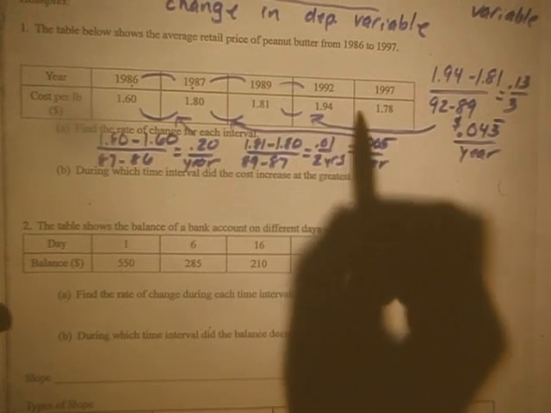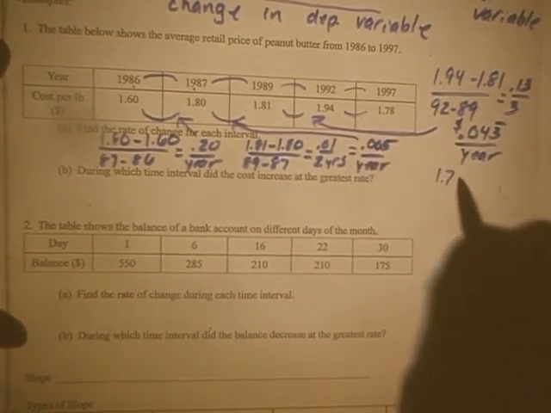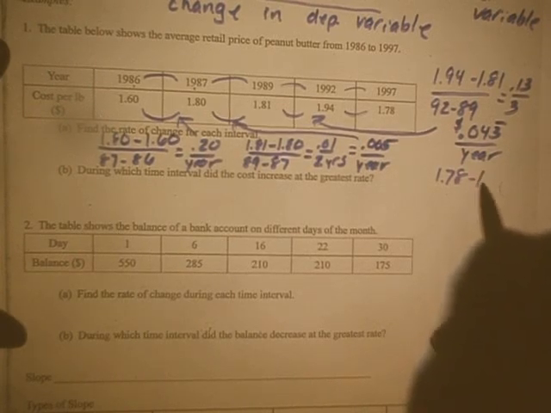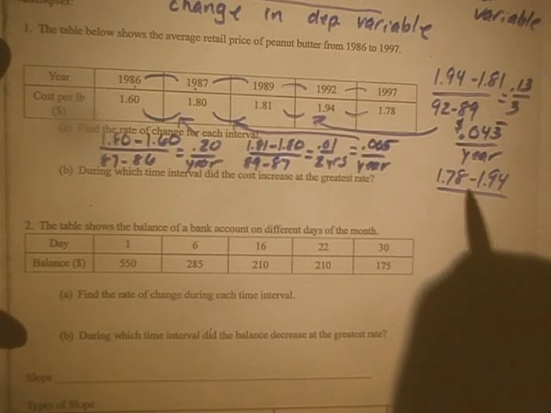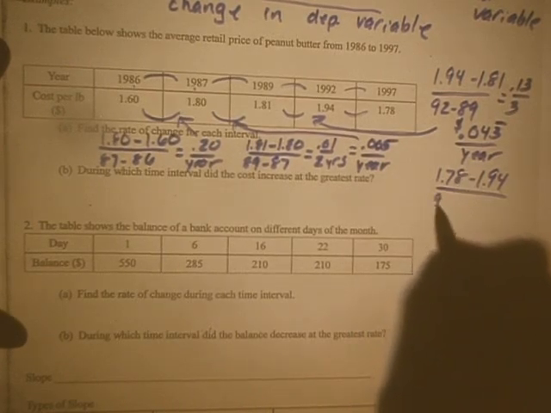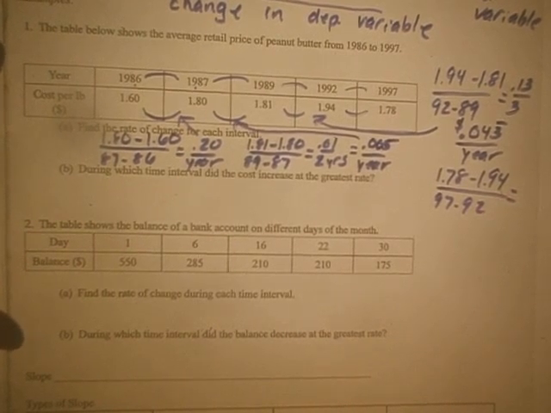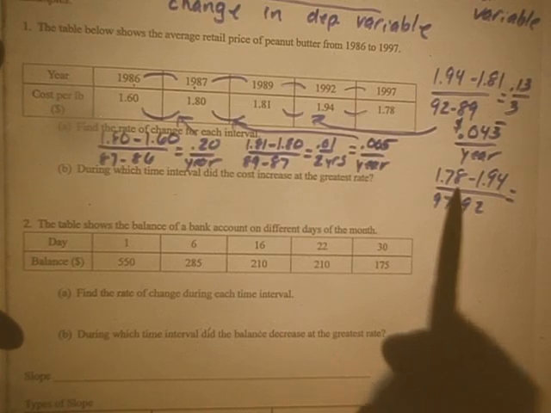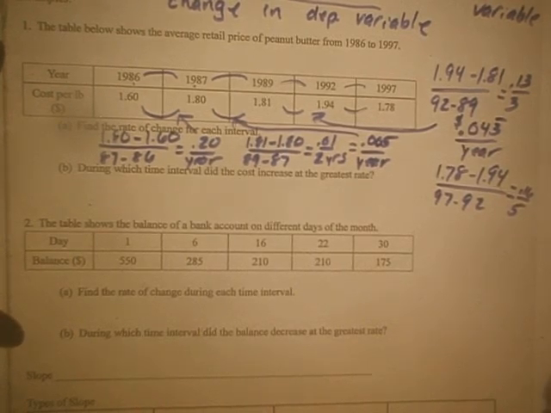And then the last interval is right here. We will do $1.78 subtract $1.94, and 97 subtract 92. Check my math here, I think that's negative 16 cents over 5 years.